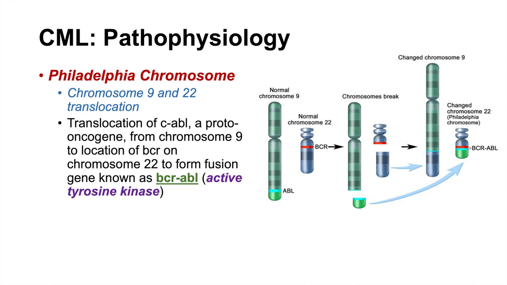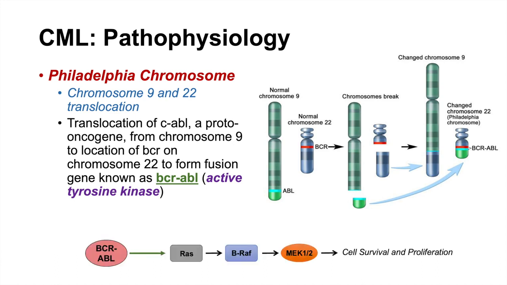There is no regulation on this protein, and that's not what we want. We want to have proper regulation. Because it is continuously active, this protein can activate JAK-STAT pathways and RAS, RAF, MEK, ERK pathways, both of which lead to an increase in cell survival and proliferation. Not what we want. So that's the pathophysiology of CML.